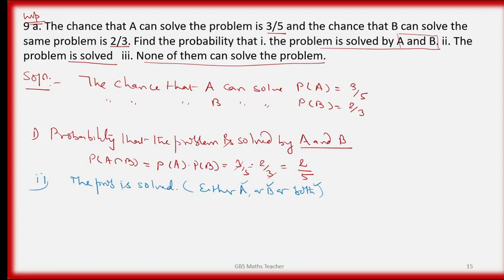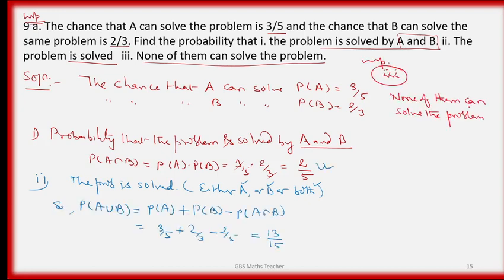It means one minus P of A union B equal 1 minus 13/15 equal 2/15. This is the solution for this question.